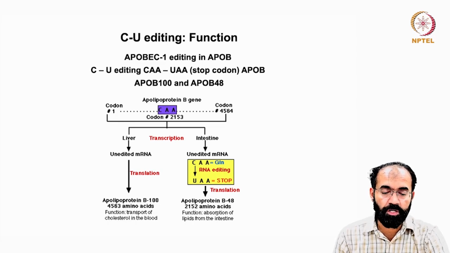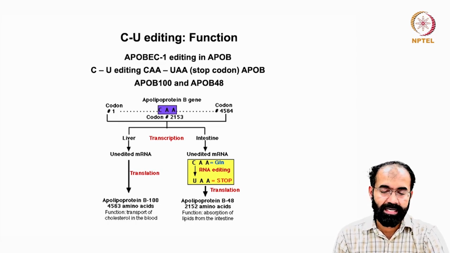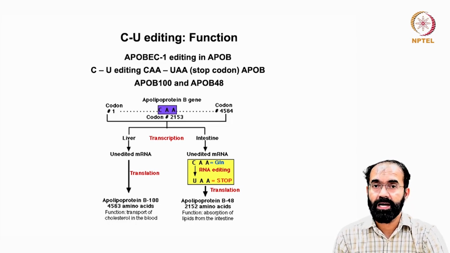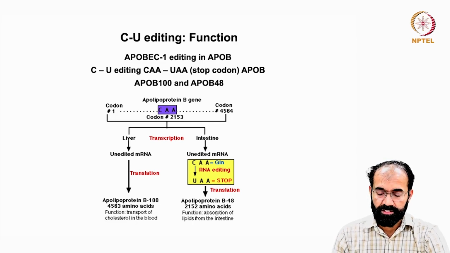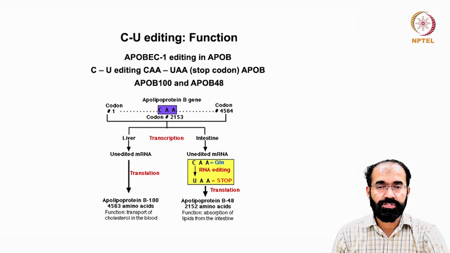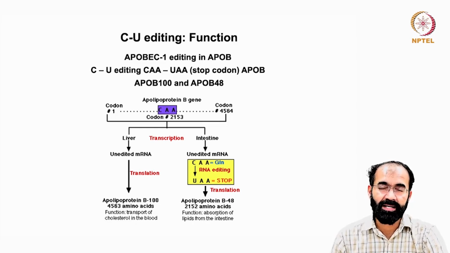It functions in the absorption of lipids from the intestine, which is quite handy because the intestine is a place where the food you take in should be absorbed effectively. So in both tissues, liver and intestine, one derivative is full length and another is a truncated version, and both have an effective function.